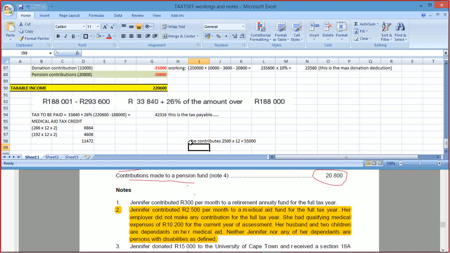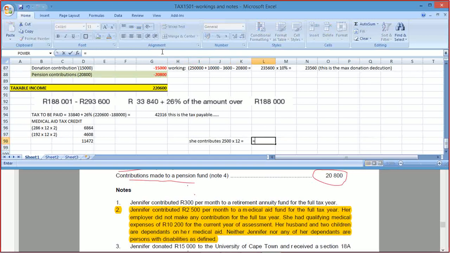Okay, so is 10,200 going to be claimable? Wouldn't it be 30,000? What do you mean 30,000? 2,500 times 12, I got 55. Did I make a mistake there? I think so, yeah. Let's check. 2,500 times 12. Okay, how did I get 55? The maths is weird. Maybe I should rather do it here in Excel.